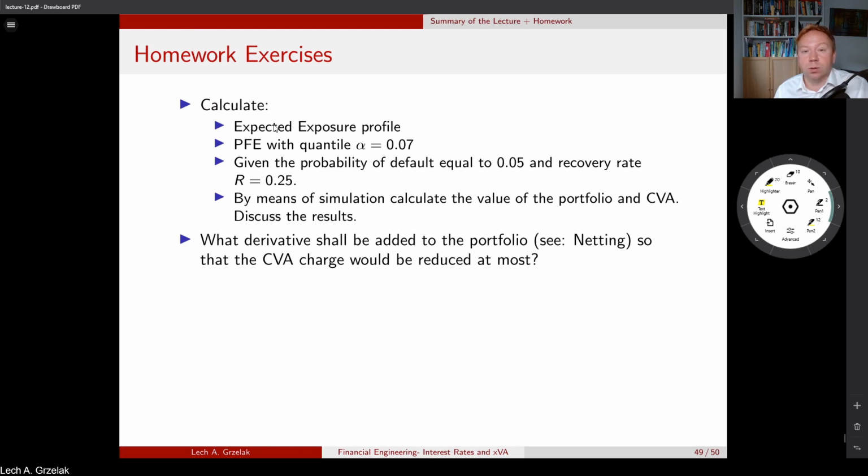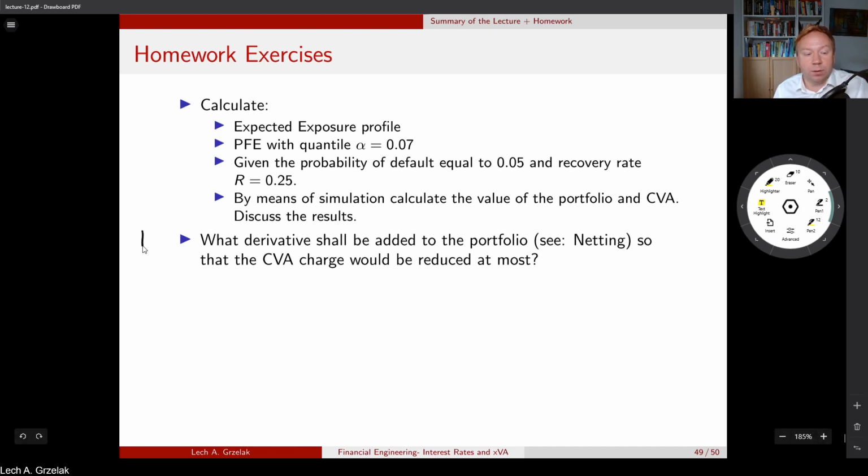The first one is to calculate expected exposures and potential future exposures, given some probability of default. So we have 5%, you can just choose 5%, and a recovery rate of 25%. Then you have to perform the CVA evaluation, and we have to discuss the results.